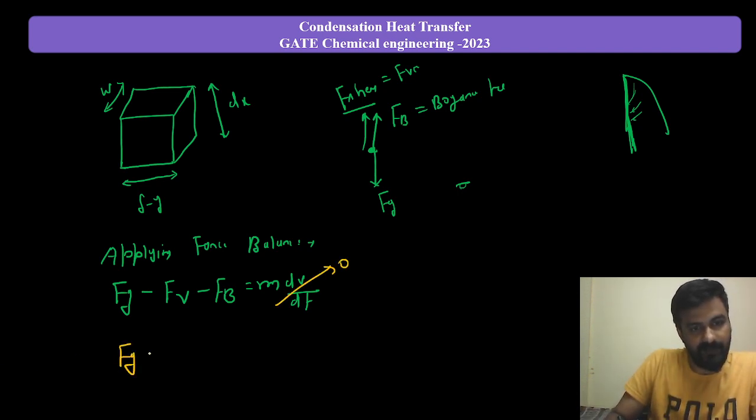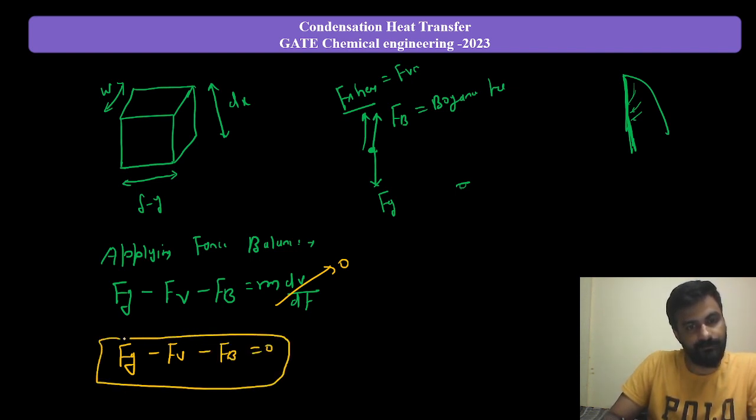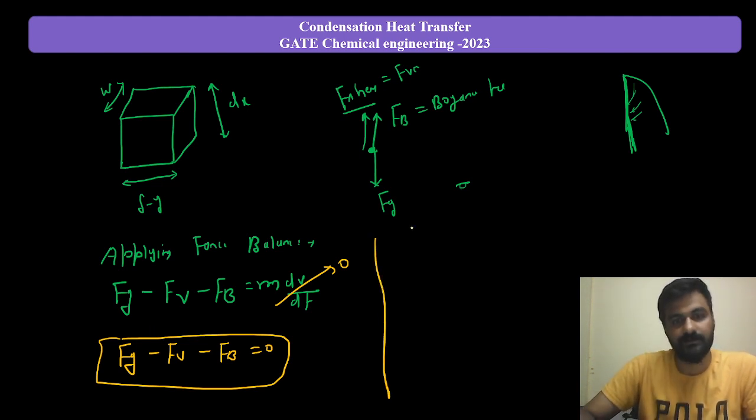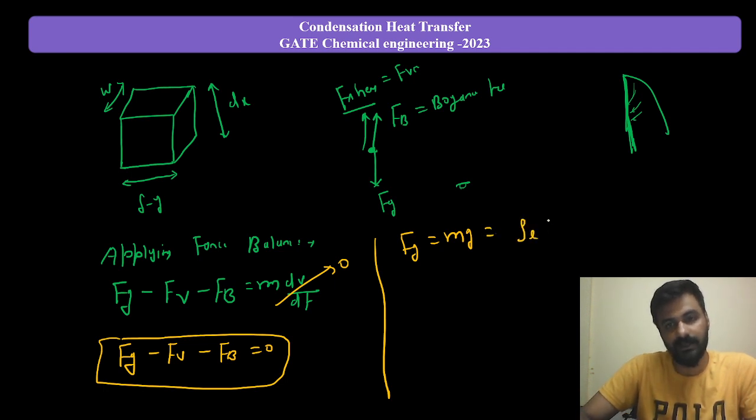So can I write Fg minus F viscous minus F buoyancy is equal to 0. Gravity force Fg is equal to m multiplied by g. m is equal to rho of liquid into W dx (delta minus y).